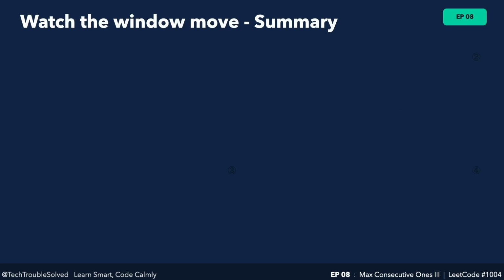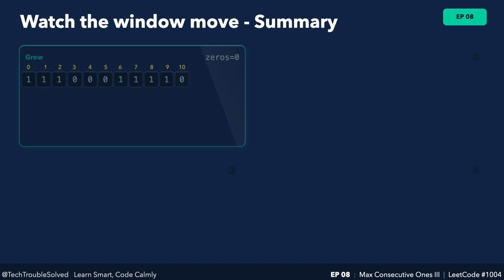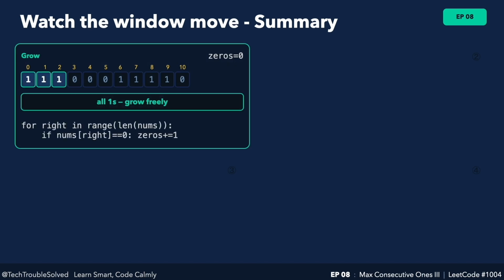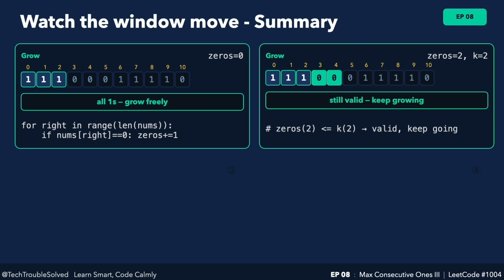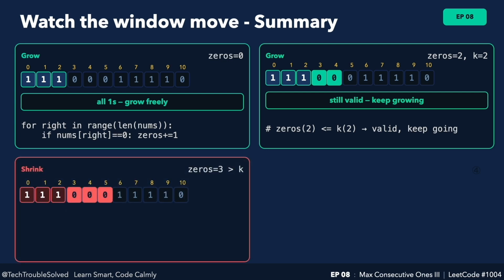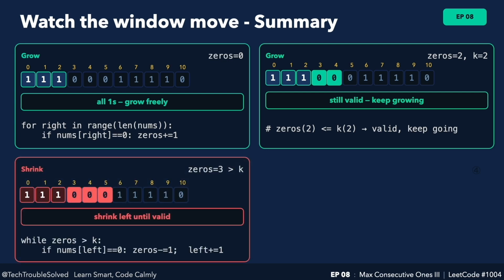R moved right on every step. L only moved once. Let's look at all 4 movements together. Movement 1. Grow. All ones. Zeros stays at 0. Window expands freely. Movement 2. Still valid. Zeros equals k. Equal is fine. Keep growing. Movement 3. Shrink. Zeros goes above k, while loop fires.